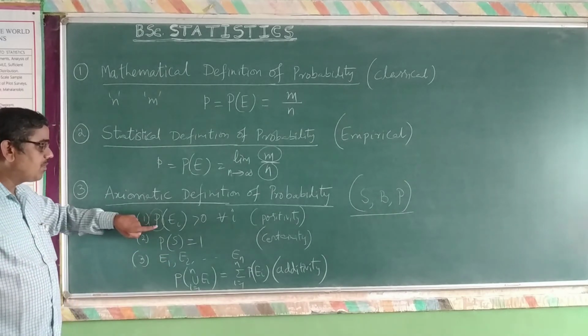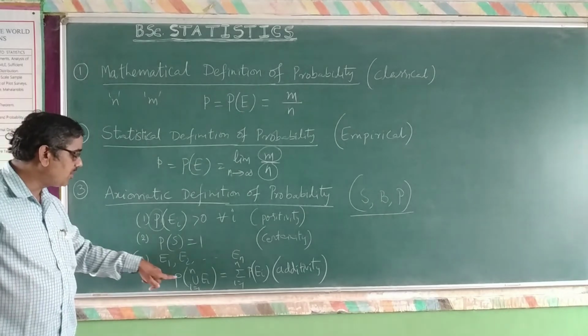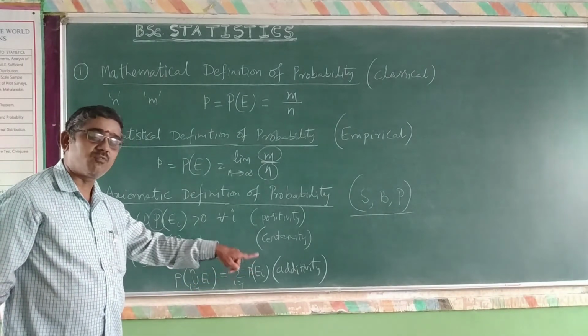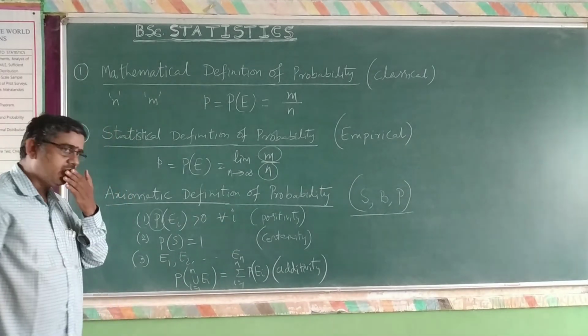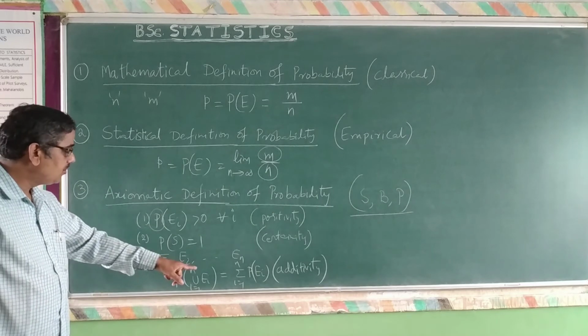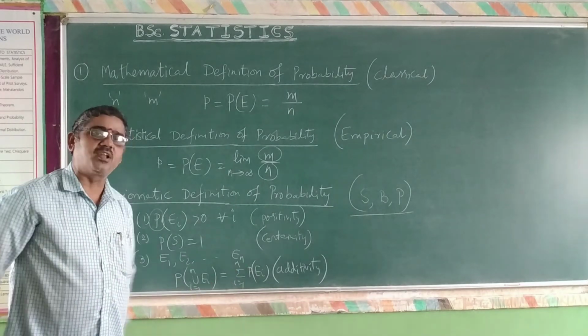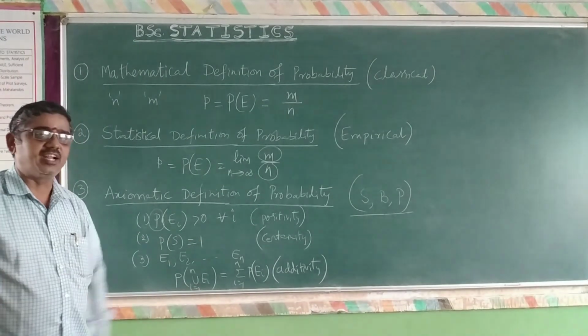Any particular P satisfying these three axioms gives the axiomatic definition of probability: the probability of Ei is greater than or equal to 0 for all i, the probability of S is equal to 1, and the probability of the union from i equal to 1 to n of Ei equals the summation from i equal to 1 to n of the probability of Ei for disjoint events. That is called additivity.